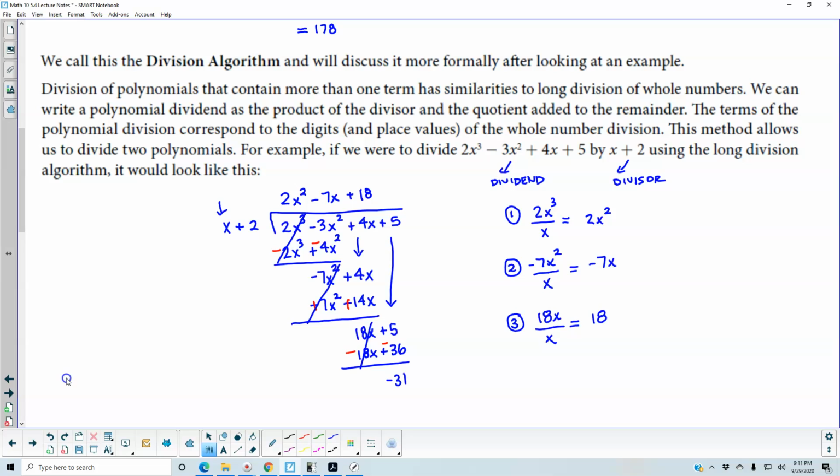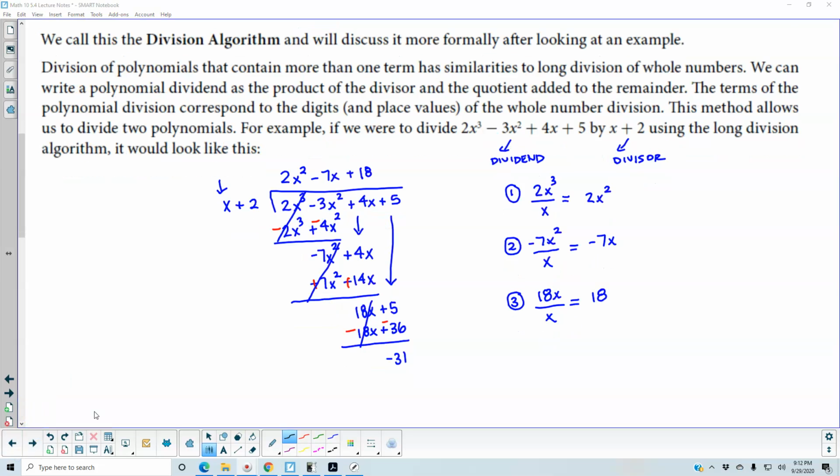Okay, so now what do we need to do? Well, we need to identify that this represents the quotient. This represents the divisor, and this represents the remainder.